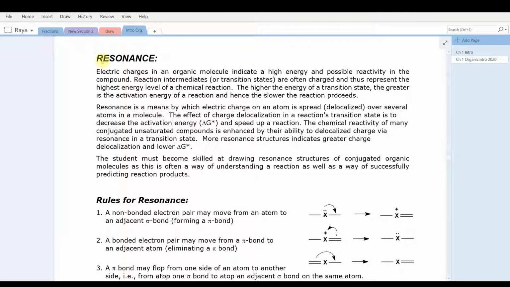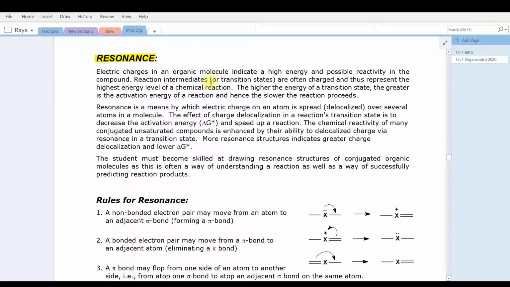Page 22, resonance. Resonance is another tool in the toolbox of the organic chemist. So electric charges in an organic molecule indicate a high energy and reactivity in the compound. You see, carbon and hydrogen are unstable, or they are reactive when they're charged.